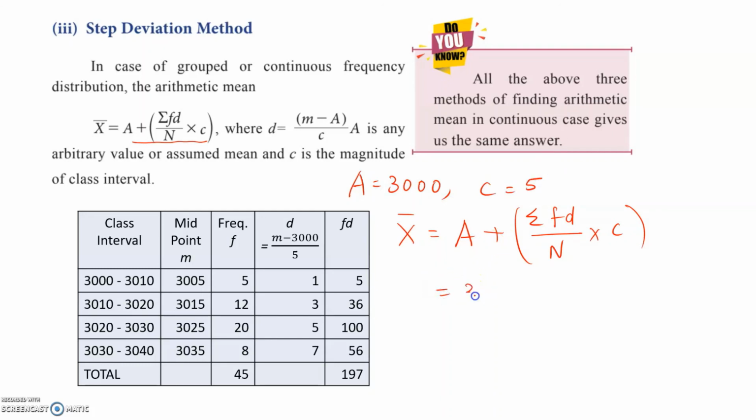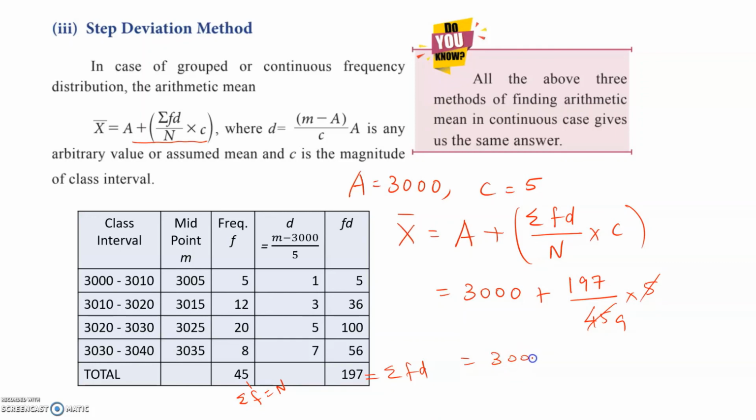So this would be given by 3000 plus our sigma FD, 197, over our sigma F, or you can call it N, which is 45, times 5. You can further use a calculator, or this is easier to calculate, divided by 9.